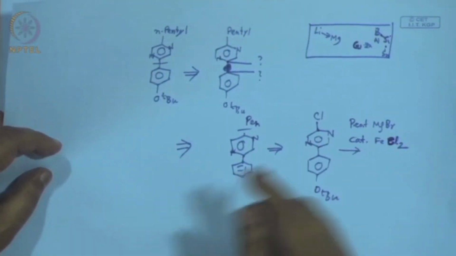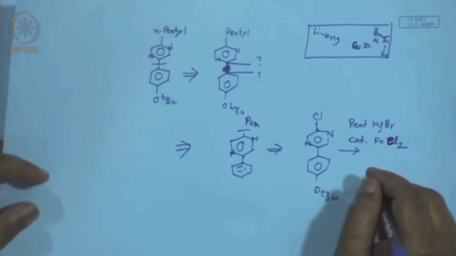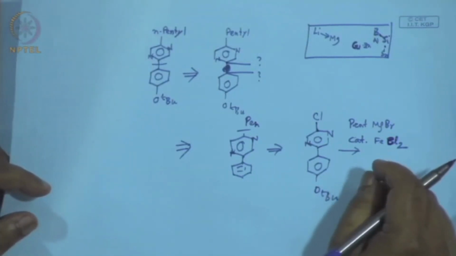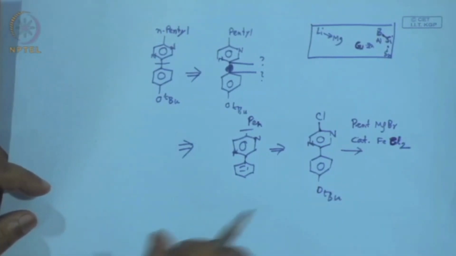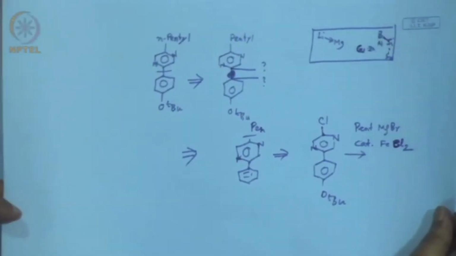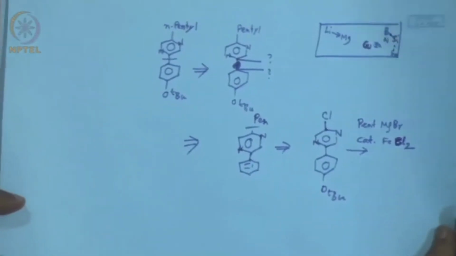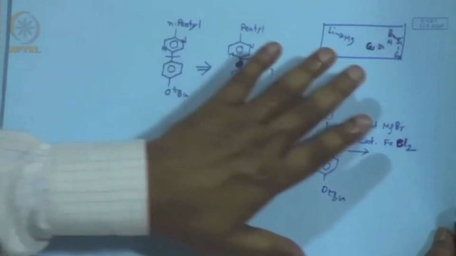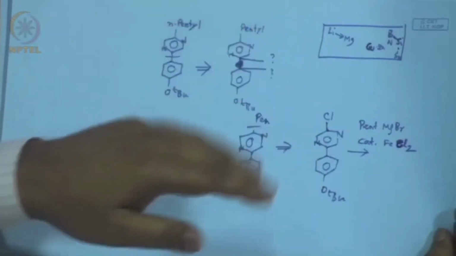And the yield is not mentioned, since it is in patented literature, and this was developed in 1984 by a company called Ube Industries. So, that means it is an industrially suitable reaction, very useful with magnesium.